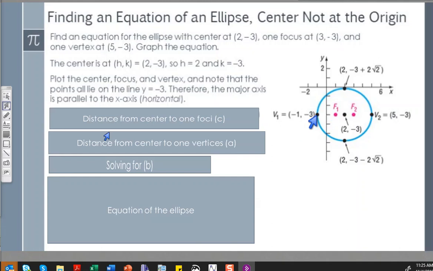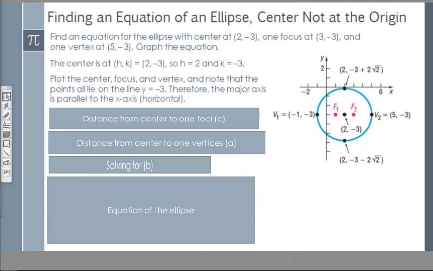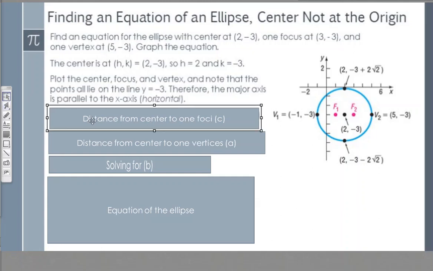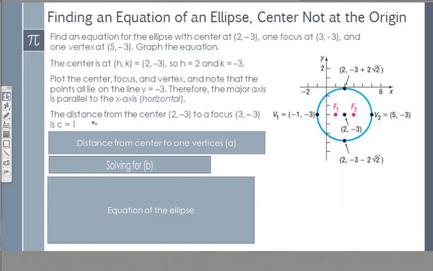Okay, so my next step is to determine the distance from the center to one focus. So my center is 2, -3. My focus is 3, -3. So that distance is just going to be 1. So that's how I know to go to the left 1 unit.